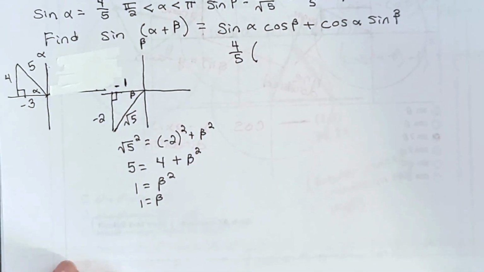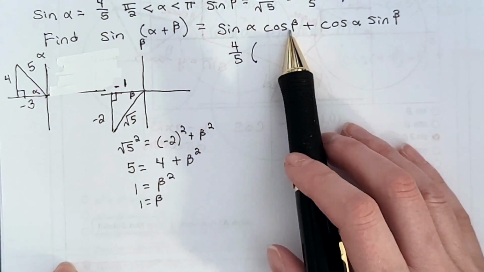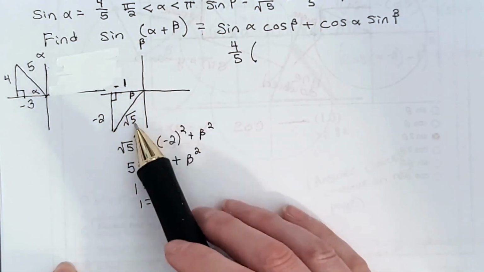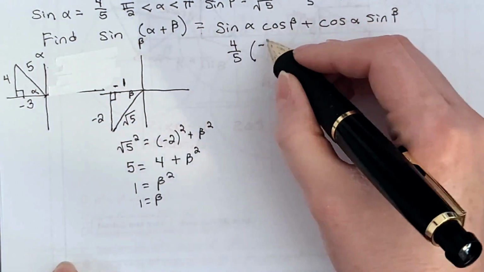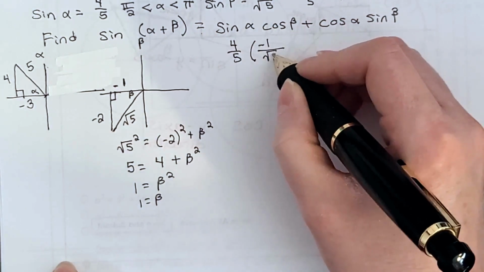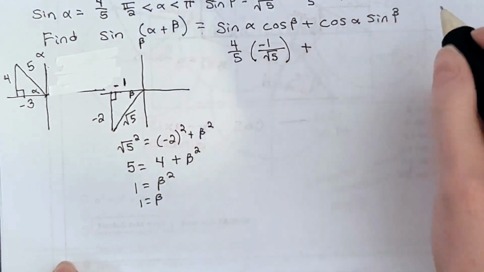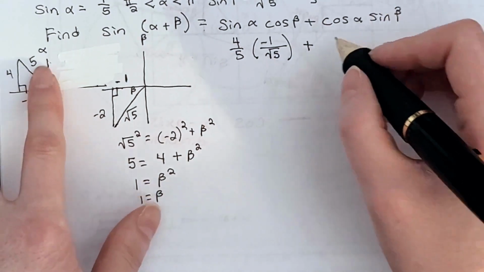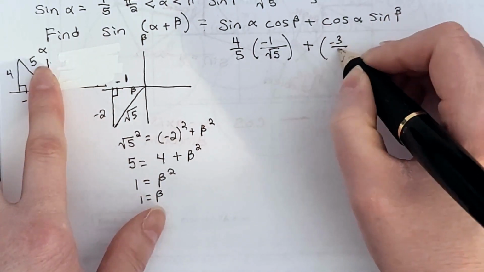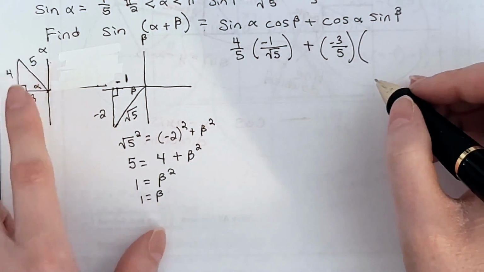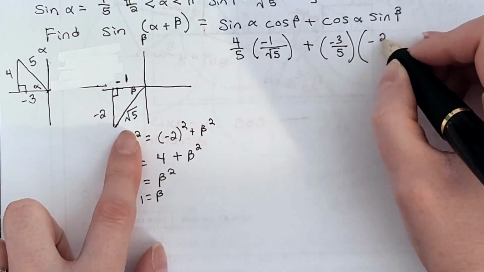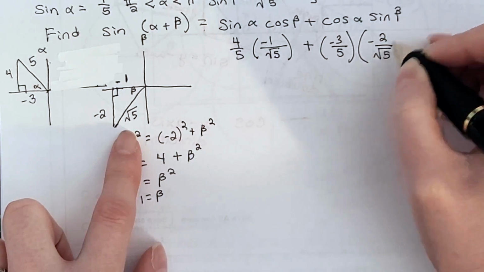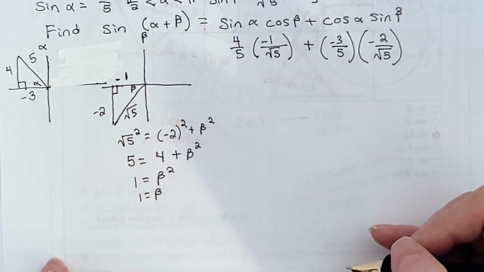All right, so cos of beta would be -1 over square root 5. Plus cos of alpha would be -3/5. Sine of beta is -2 over the square root of 5.